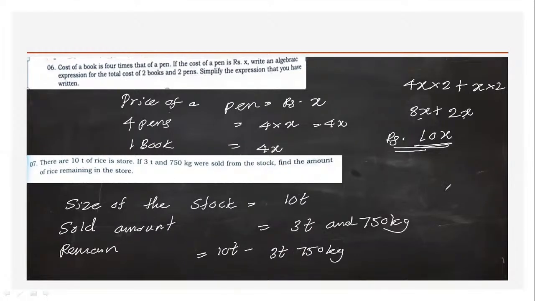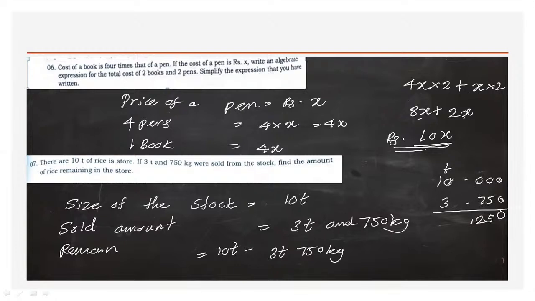Then subtract. 3 tons 750 kilograms, subtracted from 10 tons. Here, 0 subtract 0 is 0. Then borrow 1 to here: 10 subtract 5 is 5, 9 subtract 7 is 2.